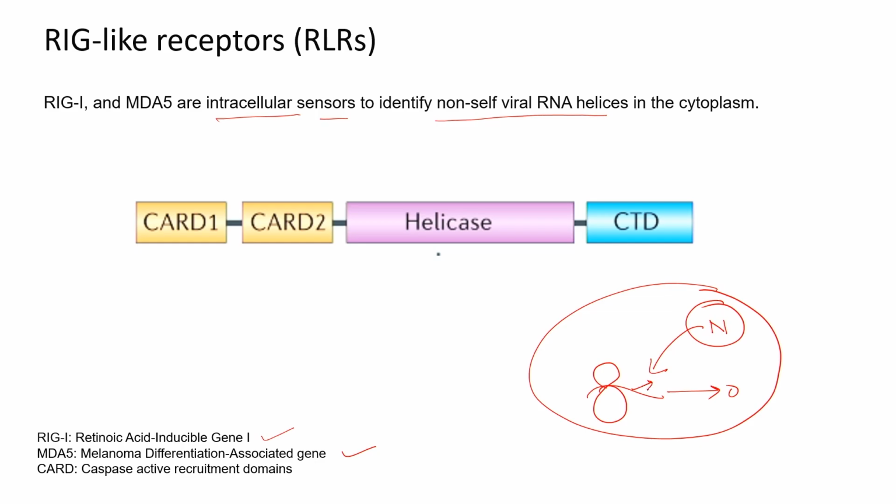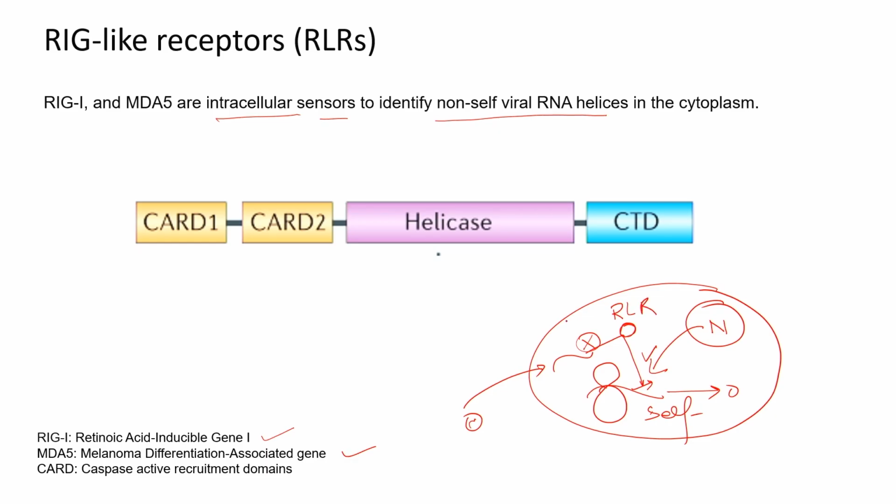Now these RNA are self in nature, but when there is an infection of a virus, the virus-carrying RNA can also come in the cytoplasm. So there could be sensors present in the cell that can identify this as non-self and destroy it, and identify the other as self to promote the translation. And therefore these are the sensors which we are discussing here, called RIG-like receptor.